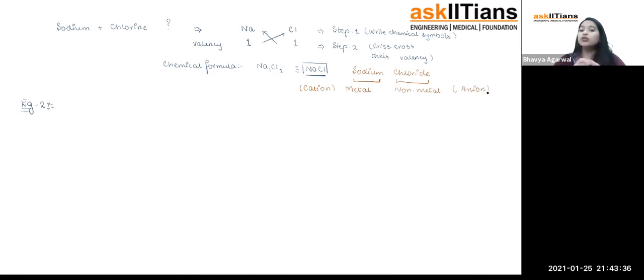Okay. So anion is something which has a tendency to gain electrons. A negatively charged ion is your anion. So non-metals have a tendency to gain electrons, and it is because of this tendency that non-metals are also known as electronegative elements.